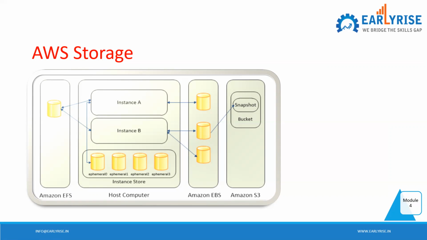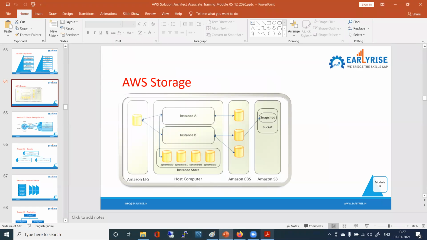You remember I asked whether it would be faster compared to other storage? You said yes. Why? Because there is no network in between. It is on the same system, so it will be very, very fast. But it is available only when the instance is running. As and when the instance goes down, the entire data is lost.